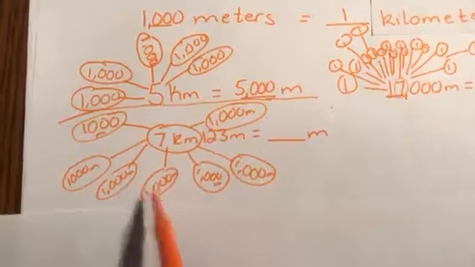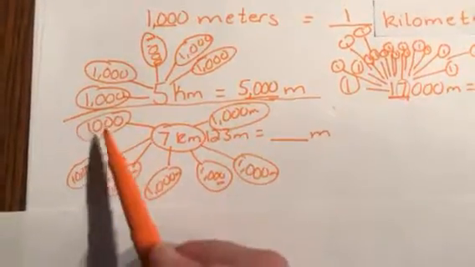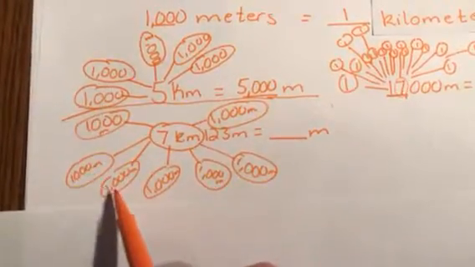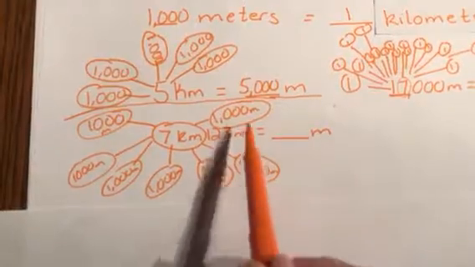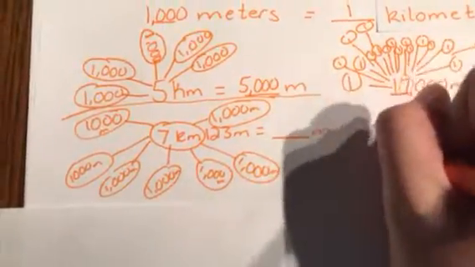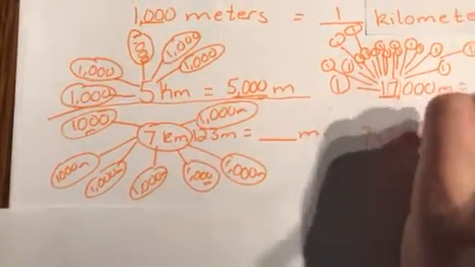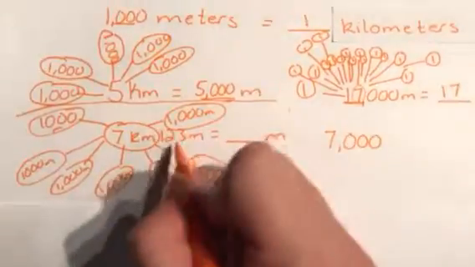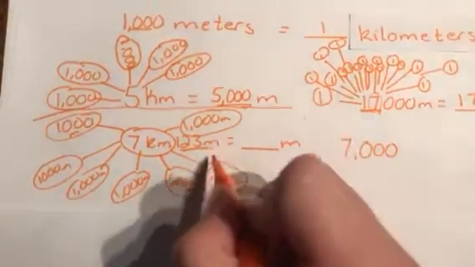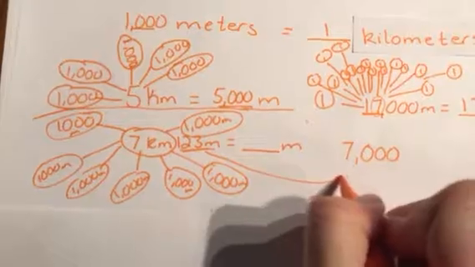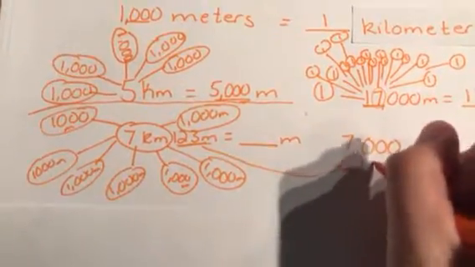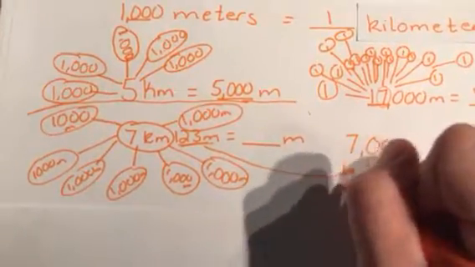So let's count how many meters we have all together from that. We've got 1,000, 2,000, 3,000, 4,000, 5,000, 6,000, 7,000. So far I have 7,000 meters. But I can't forget about these 123 meters. So I'm going to go ahead and add that to the 7,000.